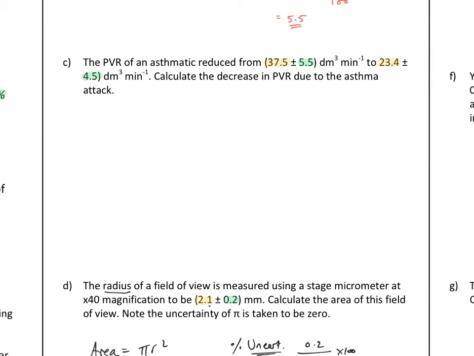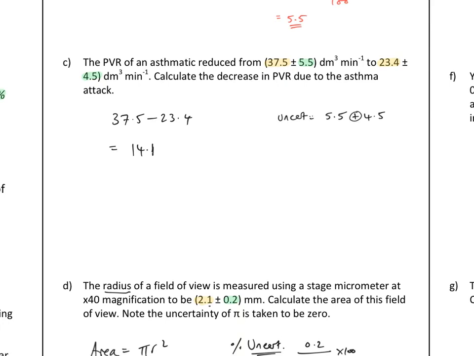So for the decrease, we are at 37.5 minus 23.4 equals 14.1. That's my yellow bit, and my green bit is the uncertainty, which equals 5.5, and I've got a 4.5. Remember, we add them, even though I've deducted those 2 values.